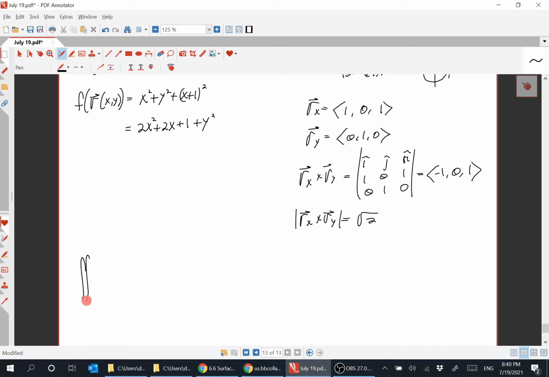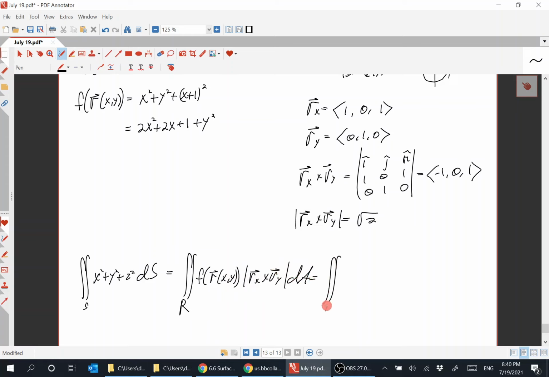So the surface integral of x squared plus y squared plus z squared dS is the double integral over R of f of r of x, y times the length of rx cross ry dA. So double integral over R, and then this is 2x squared plus 2x plus 1 plus y squared.